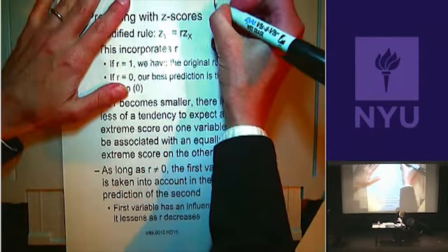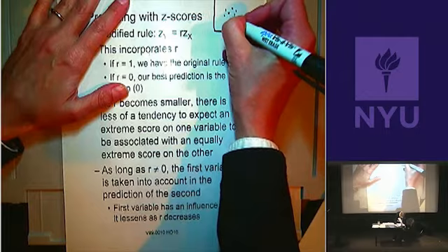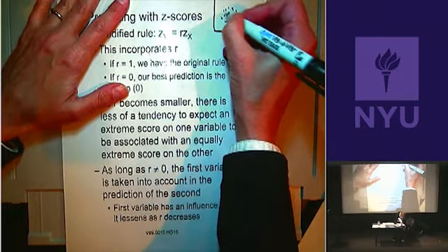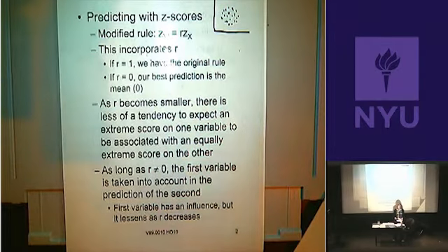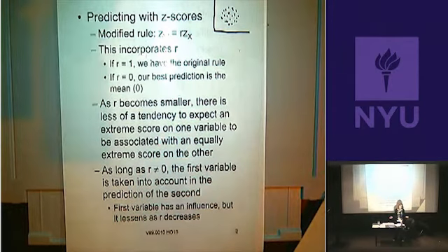Let me draw a graph. Okay, so here we have our points all scattered kind of circularly, right? That's a picture of what kind of correlation? 0, right? There's no relationship. And again, think of what the picture looks like. What it's saying is, as x is increasing, we know nothing about y.